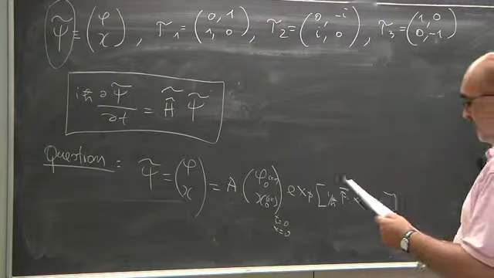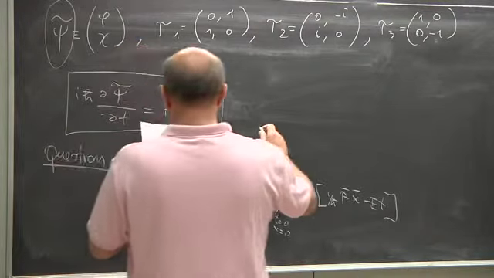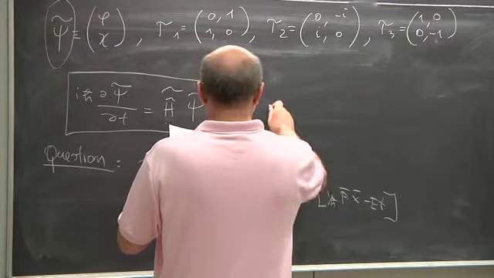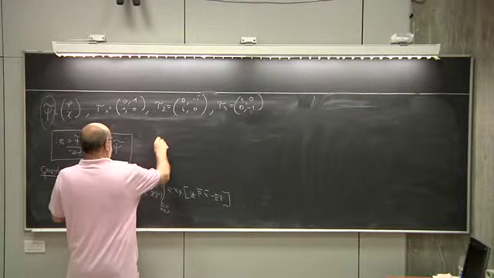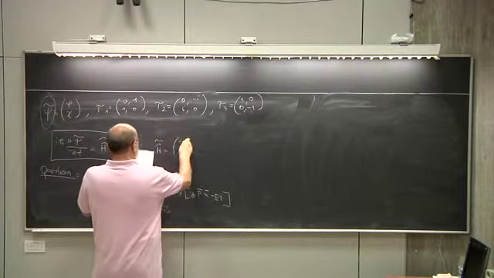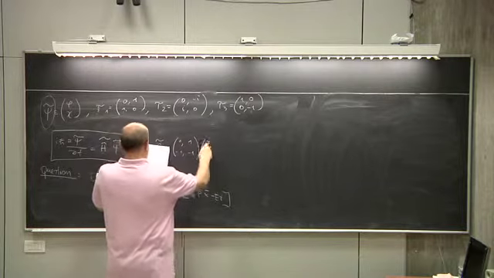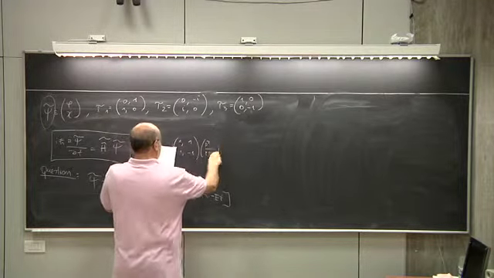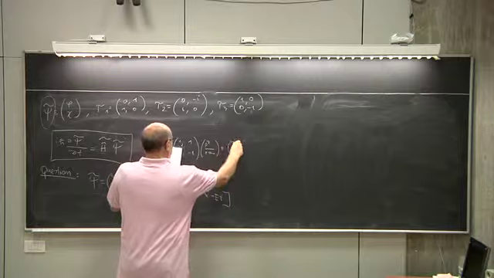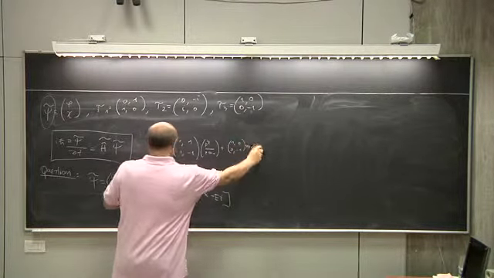Okay, let's remember the form of H. You remember the form of H tilde? H tilde has the following form: the matrix (1, 1; -1, -1) times p squared over 2m, plus the matrix (1, 0; 0, -1) times m0 c squared.